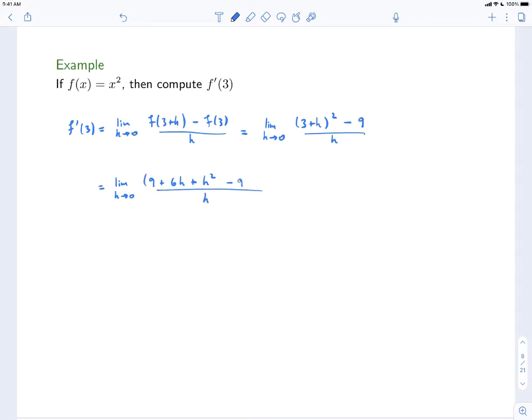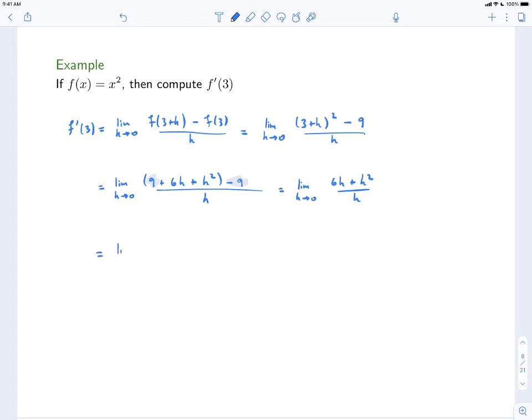We can put this in parentheses if we want. Now we notice that there's a 9, subtract a 9. So those will cancel. And we'll have the limit as h goes to 0 of 6h plus h squared divided by h. Notice that there is an h in every term here, so we can factor out an h.